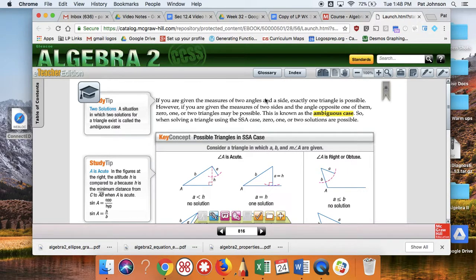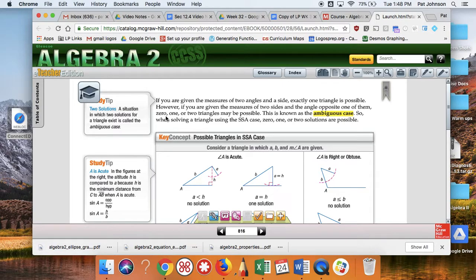Now, let's look at when we're given two sides and an angle. Given two angles and a side, there's exactly one triangle possible because we just subtract from 180, and that's the only thing that's left, whatever the degree is. So there's only one case. However, if we're given two sides and the angle opposite one of them, we have three possibilities.